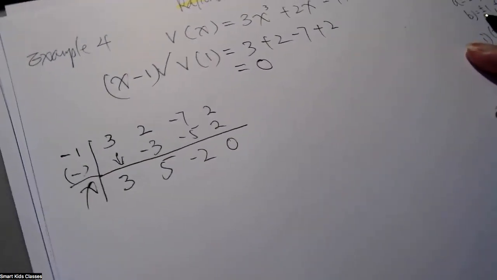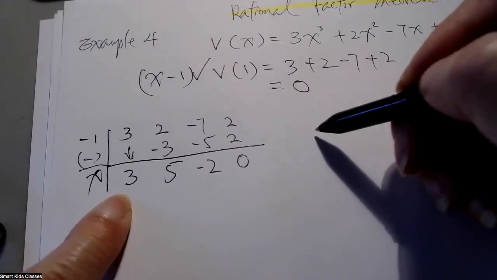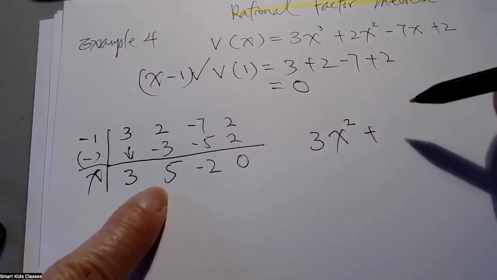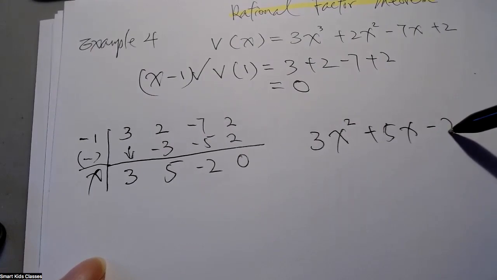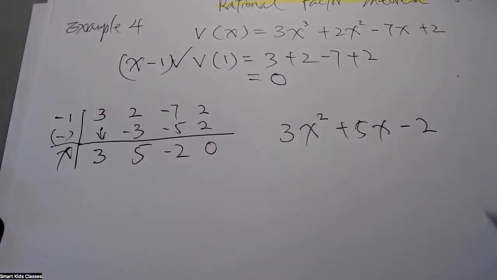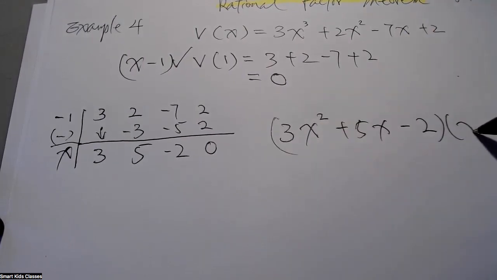Now we're going to write the answer here. So the answer is going to be 3x exponent 2 plus 5x minus 2. So from here, we have to find a factor for this one, and put a bracket and times x minus 1.